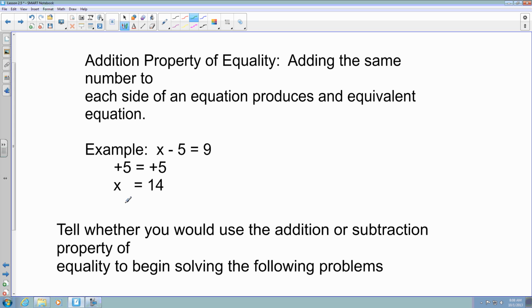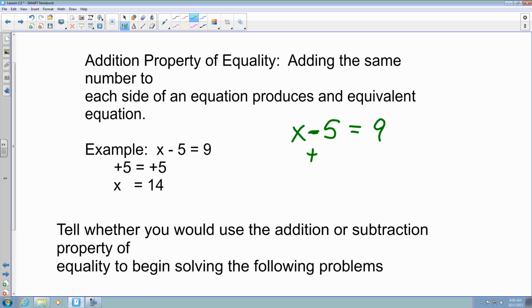The addition property of equality is then adding the same number to each side, which produces an equivalent equation. So here it says x minus 5 equals 9. Since I've got the subtraction operation here, I have to do the opposite operation.